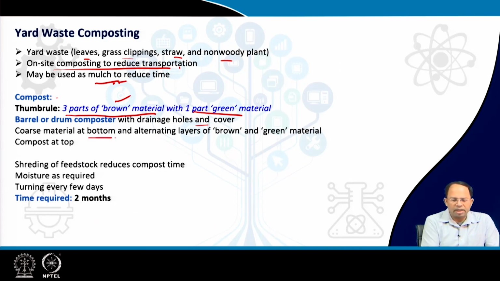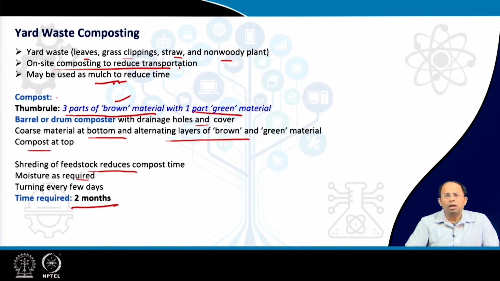Coarse material is provided at the bottom, and alternating layers of brown and green material are put at the top, and the compost is given at the top, again to prevent odor or for preventing infestation of flies and other vermin. The feedstock is usually shredded before we put it into the compost chamber. This will reduce the compost time. Moisture is added as required, and turning is done every few days. Total time required for compost production is around 2 months.